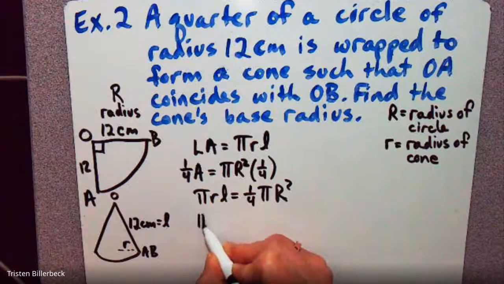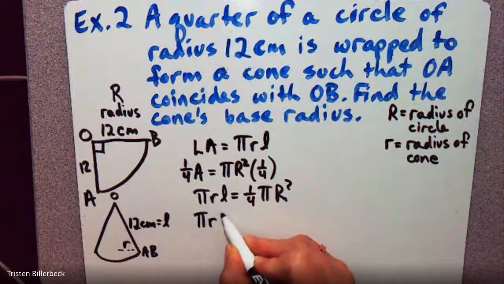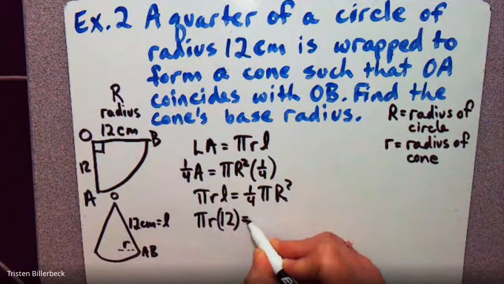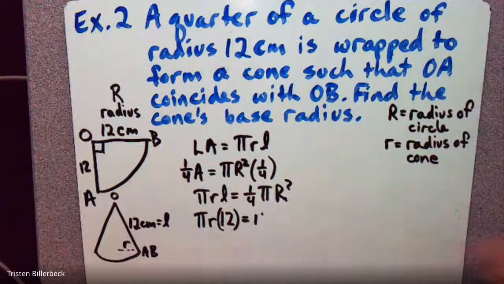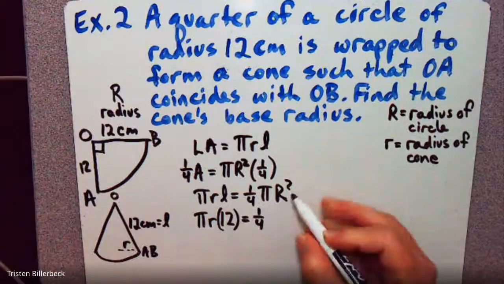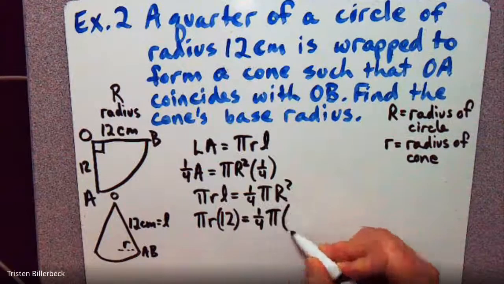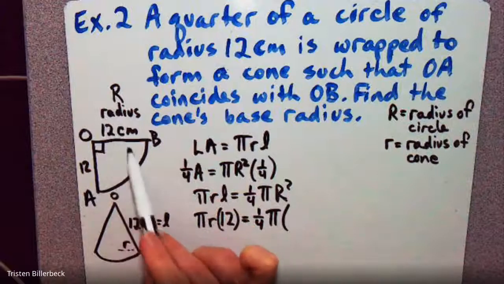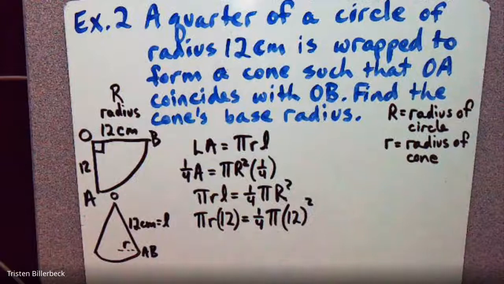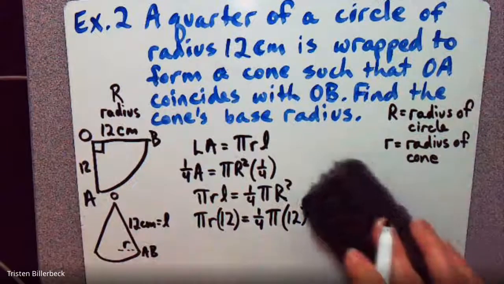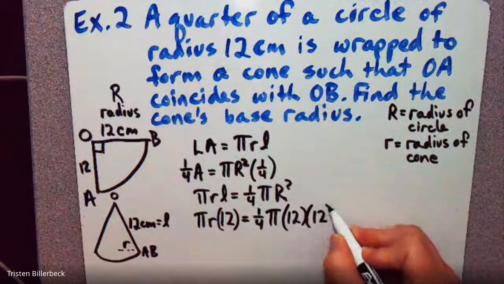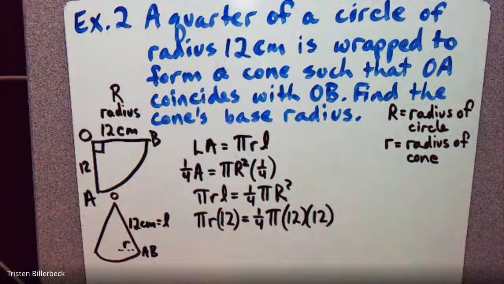So I have pi r times 12 equals 1/4 pi, and then the big R here is the radius of the circle, so that's 12 squared. Or we could write this as 12 times 12, because that's the same thing as 12 squared.